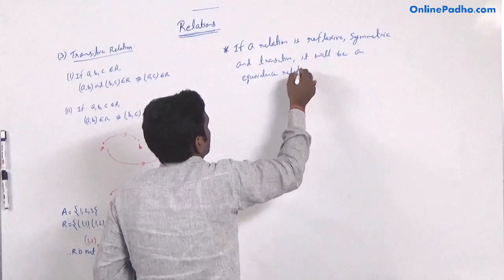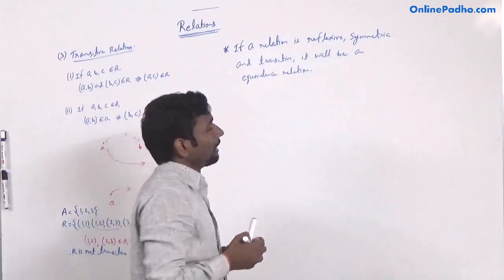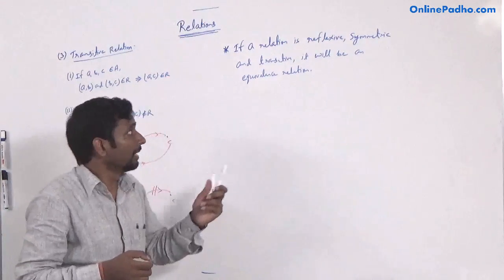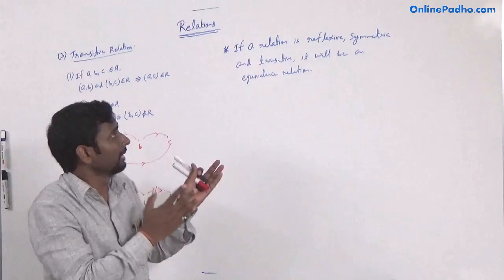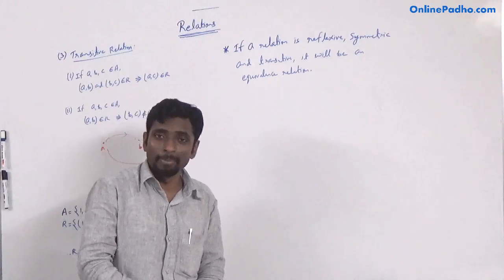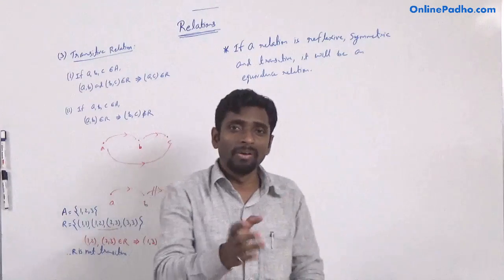Right? If a relation is reflexive, symmetric, as well as transitive, that satisfy all the three conditions, then this type of relation is called an equivalence relation.